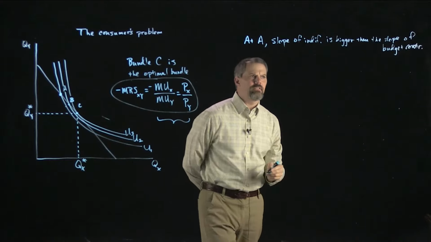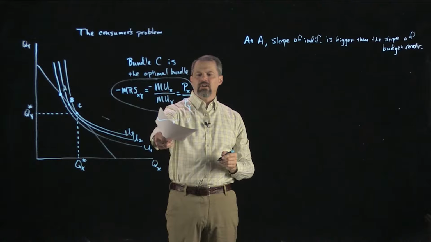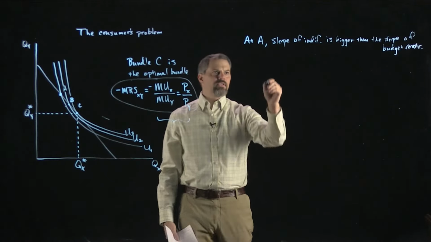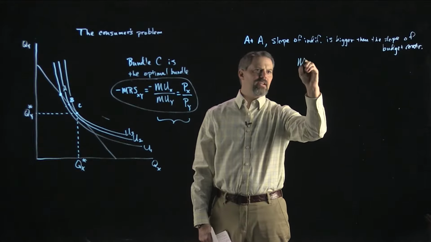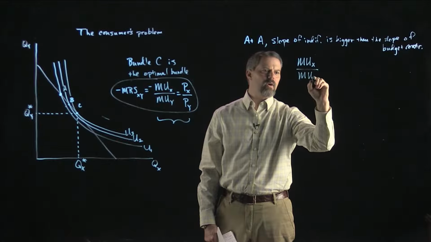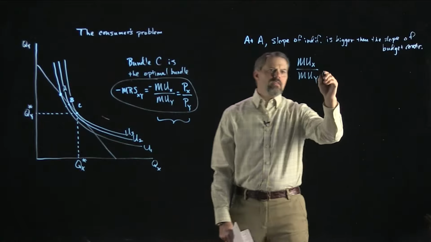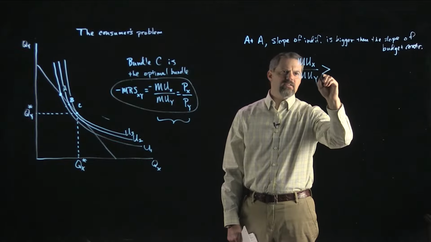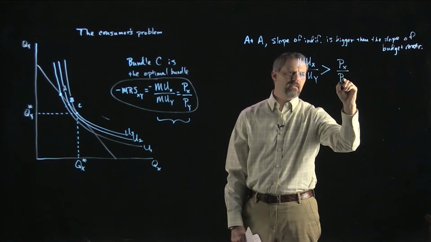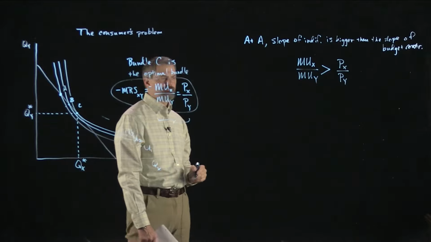Slope of the indifference curve is bigger than the slope of the budget constraint. The slope of the indifference curve is the ratio of the marginal utilities. So the slope of the indifference curve looks like this. It's the marginal utility of good X divided by the marginal utility of good Y. That slope of the indifference curve is greater than the slope of the budget constraint, which is Px over Py. So we know that that is true at point A.